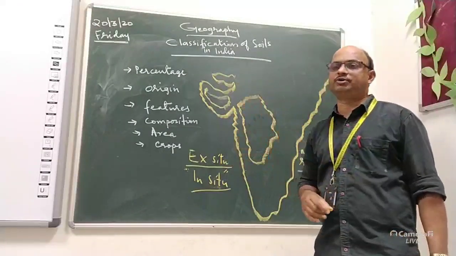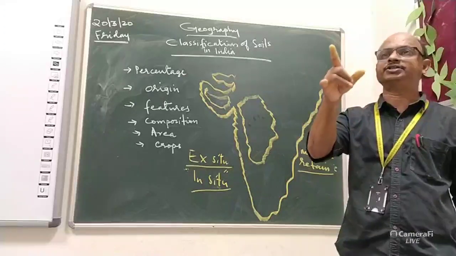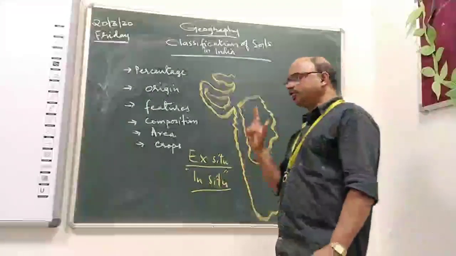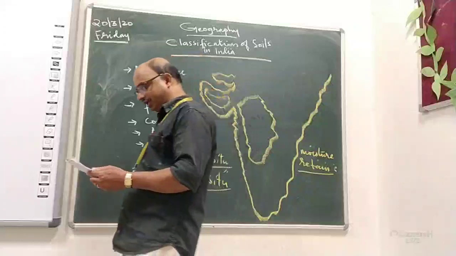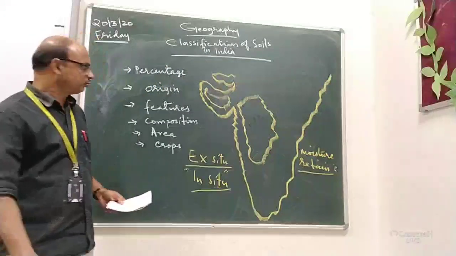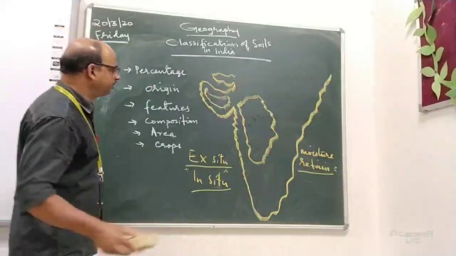Now we discussed alluvial soil and black soil. Now the third one, we are going to discuss red soil.